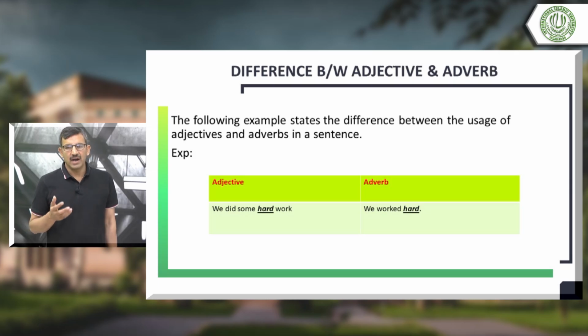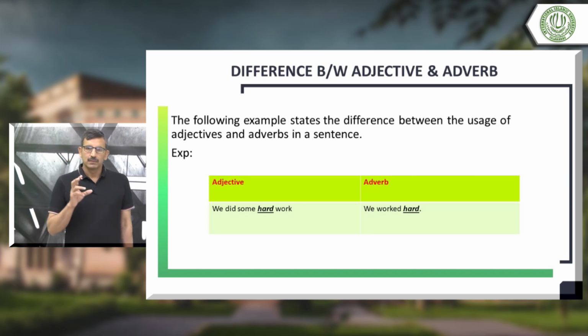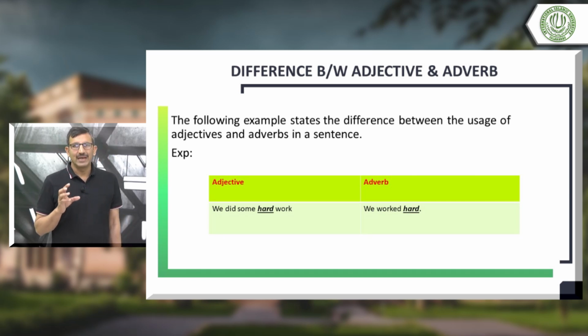We worked hard. In this sentence, hard is signifying or further giving meaning to the verb worked. So, most of the time the quality adjectives come before the noun, and adverbs can come before the verb, after the verb, or in the beginning of the sentence or at the end of the sentence.